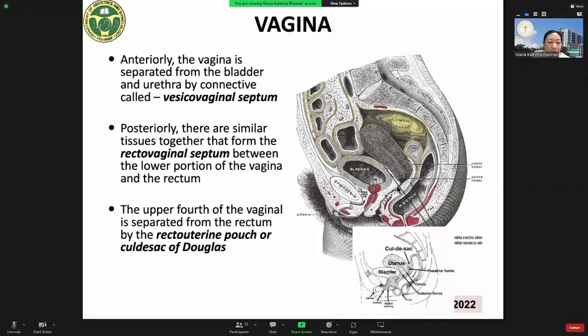And then posteriorly, similar tissues form together, and this is what we call the rectovaginal septum, between the lower portion of the vagina and the rectum. The upper fourth of the vagina is separated from the rectum by the rectouterine pouch or the cul-de-sac of Douglas. Here, along here.